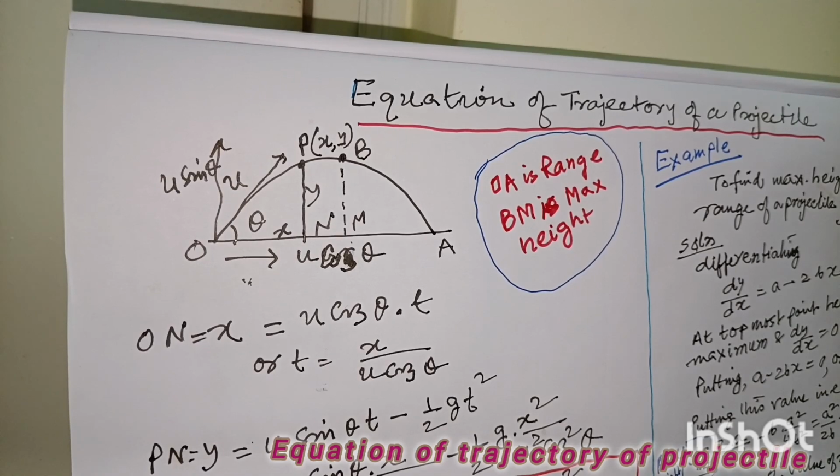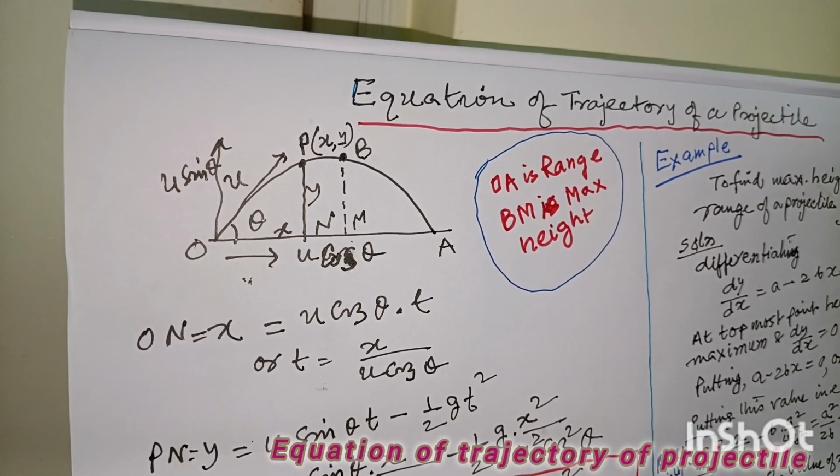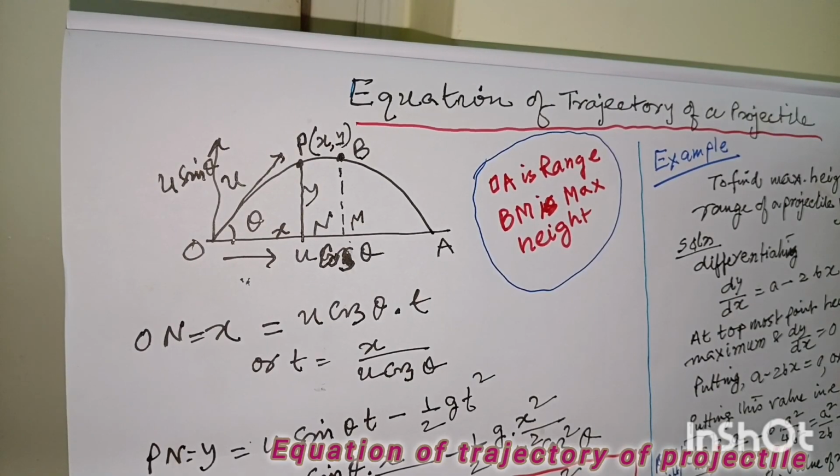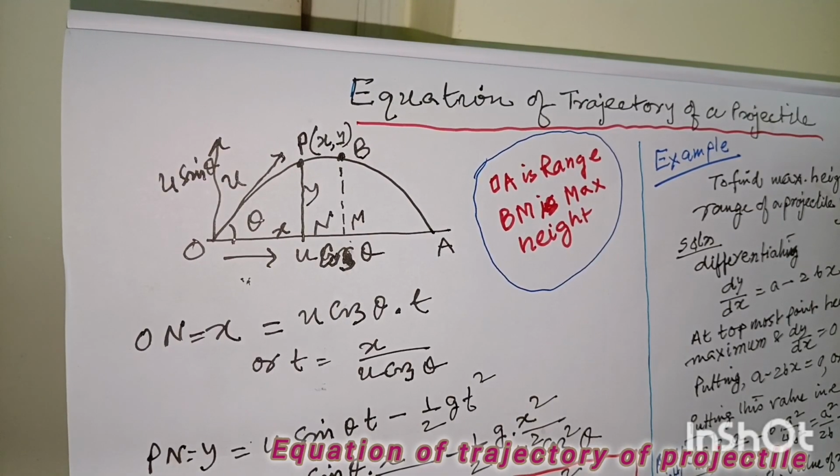Now it is projected with initial velocity u, which has two components, u sin theta and u cos theta. U cos theta is horizontal, so it will not change, and u sin theta will be affected by g, which is vertically downwards. On ON, if a point xy is taken at P, then ON becomes x and PN becomes y.